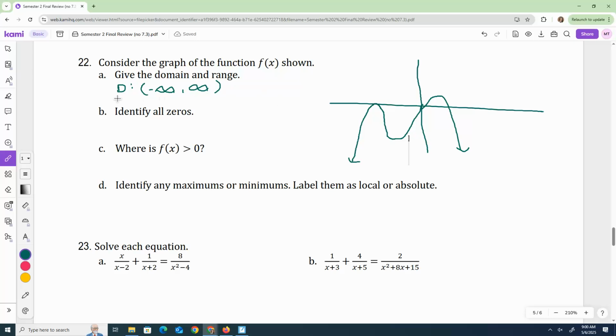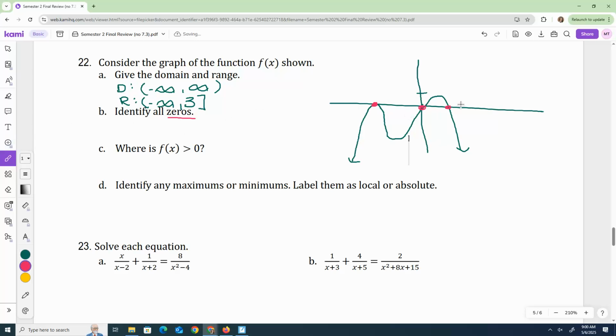Our range is talking about your y, so bottom to top. So starting at the bottom, it's coming from negative infinity. It stops at this y value right here, which was what? 3. Since it hits it, it gets a bracket. Zeros. Zeros are x-intercepts, so we're finding the place where it hits the x-axis.